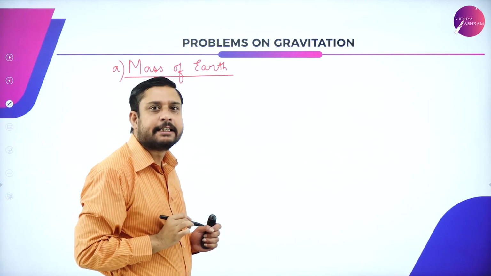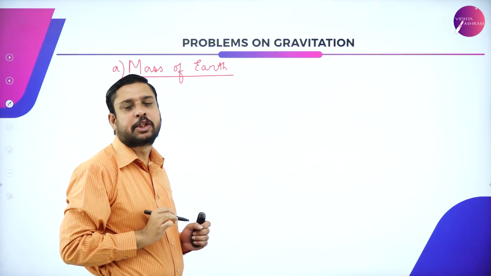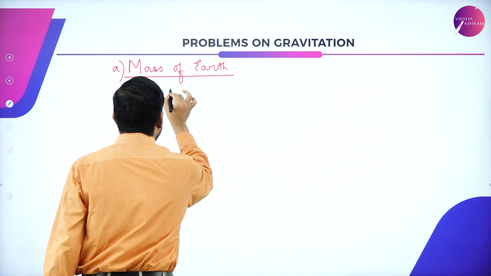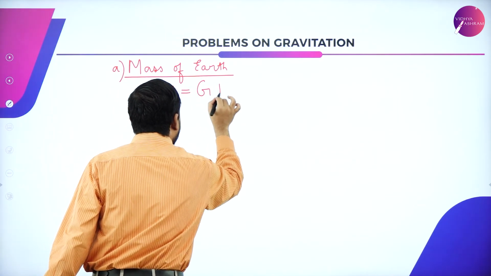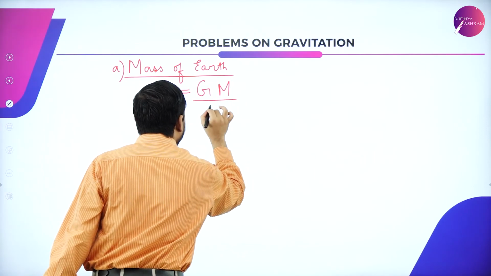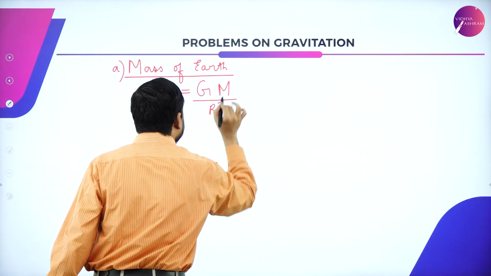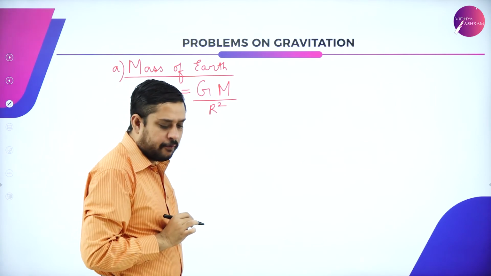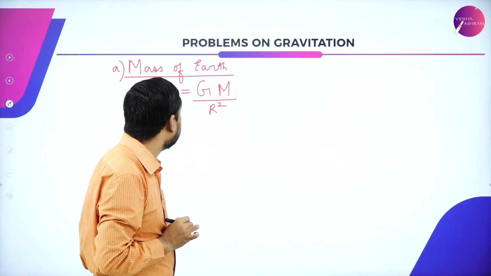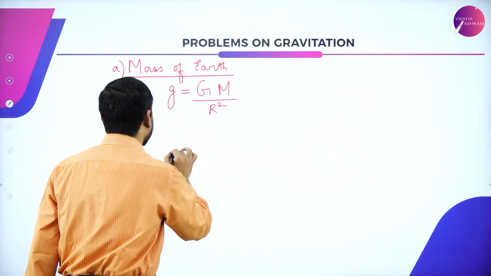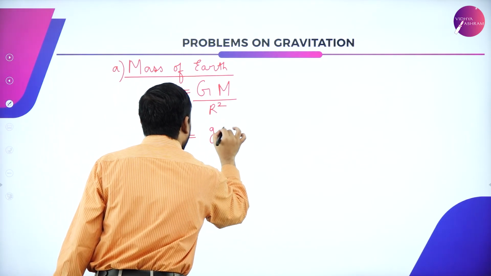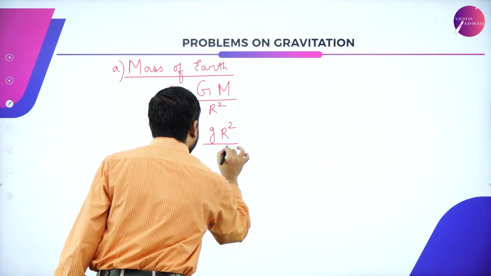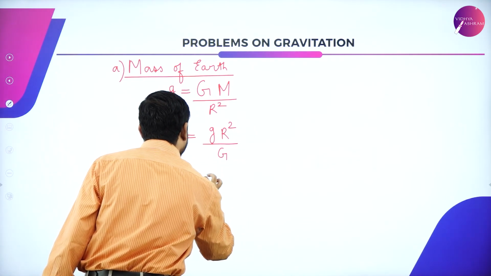Mass of the earth has to be calculated. We know small g is capital GM by R square, from which I have to calculate the mass of the earth. So this is g R square divided by capital G.